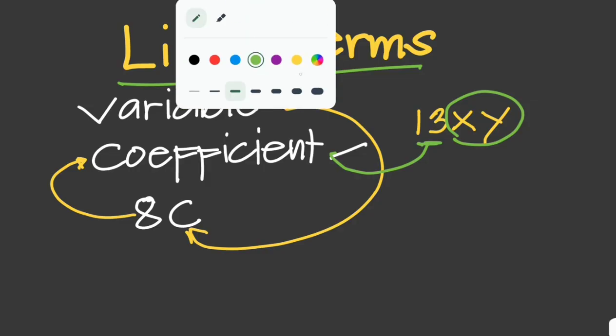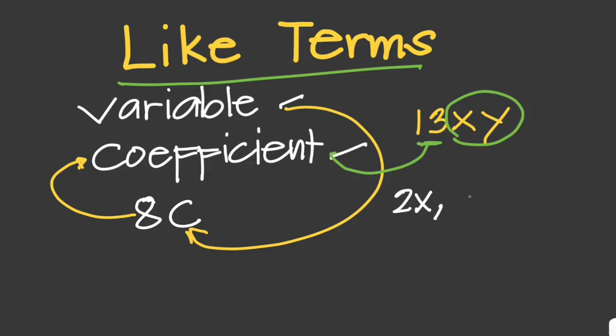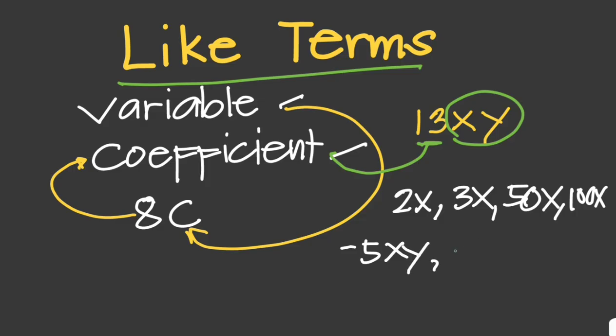Say for example, 2x, 3x, 50x, 100x. Okay, these are all like terms. And another example, let's say negative 5xy, 6xy, xy. These are like terms too.